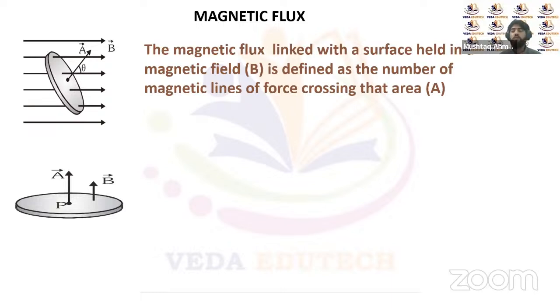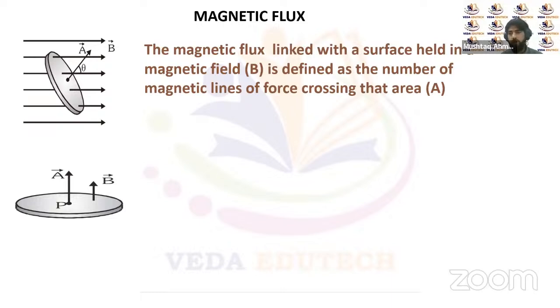If two magnetic field lines intersected, there would be two different tangents at the same point, giving two different directions for the net magnetic field at that point, which is not possible. So that's the reason we say that magnetic field lines do not intersect.